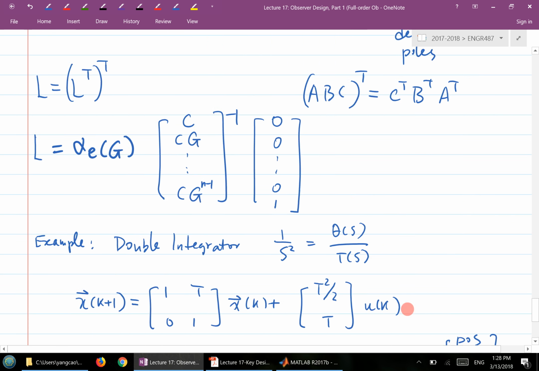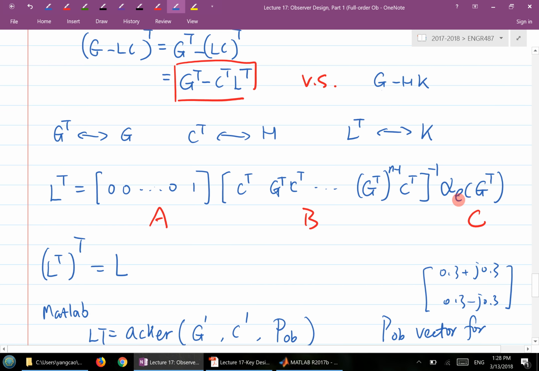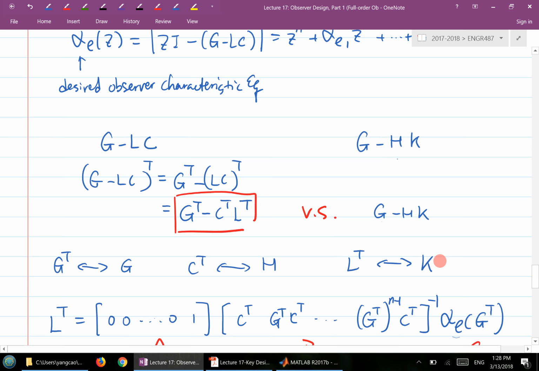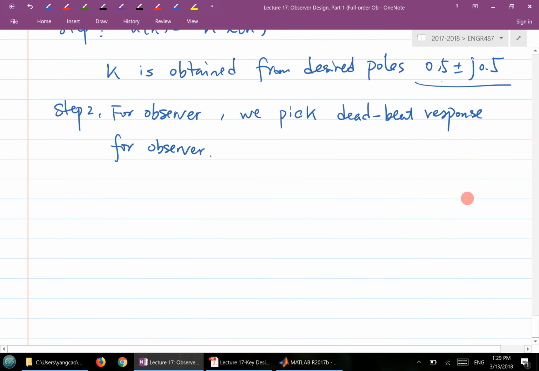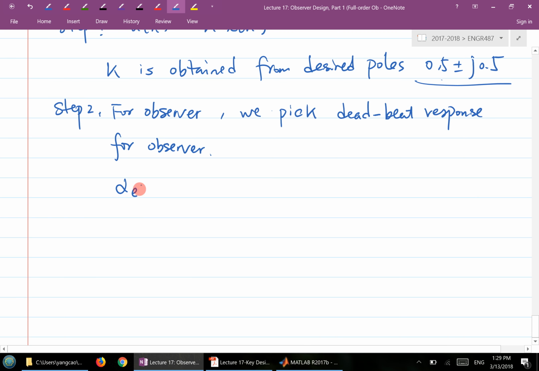This is your desired polynomial for the observer, and if you pick poles all at 0, then the desired observer polynomial is z to the power of 2, plus 0 for the rest of the terms. So alpha e is just z squared, which is z minus 0 times z minus 0.